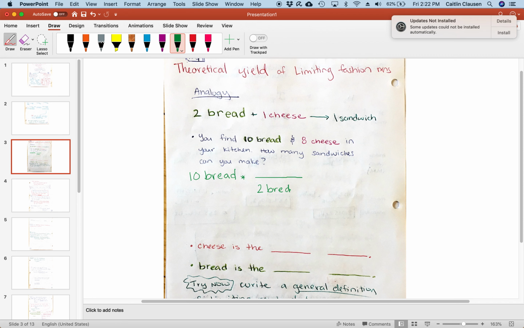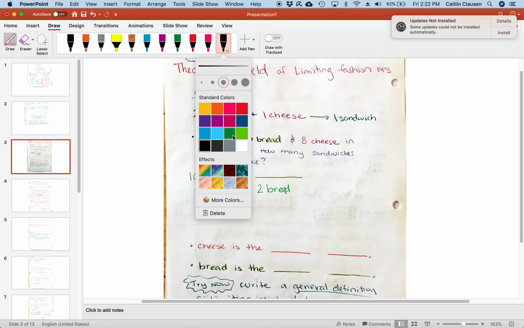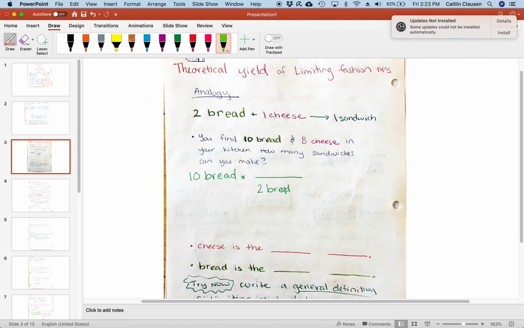I want bread on the bottom because that needs to cancel out, and I want sandwiches on the top. I get 1 sandwich. So just based on the pieces of bread that I found, I would get 5 sandwiches.